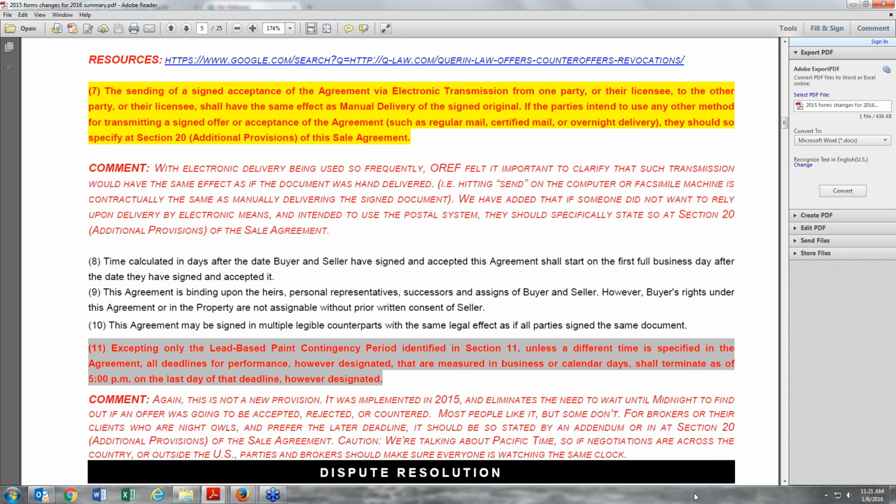The reason this was put in here is primarily because 99 times out of 100, at least in local transactions, we do not put things in the mail to effect the transmission. We use email, and so this is a complete reversal of the way business was conducted in the past. I wanted to make it clear that if you're going to use the mail as a means of transmission, then you've got to so specify, either by an additional provision or something, so that everybody realizes they're looking at the mail.